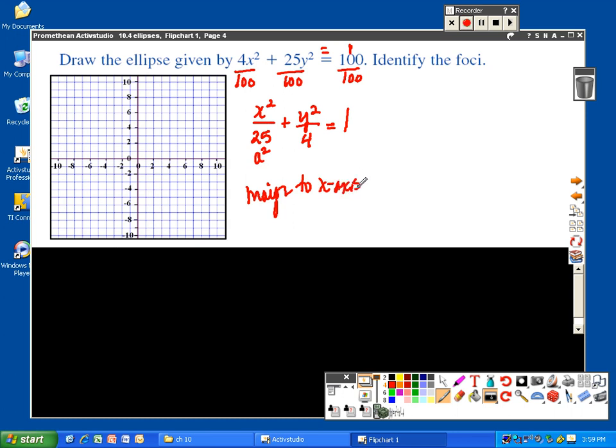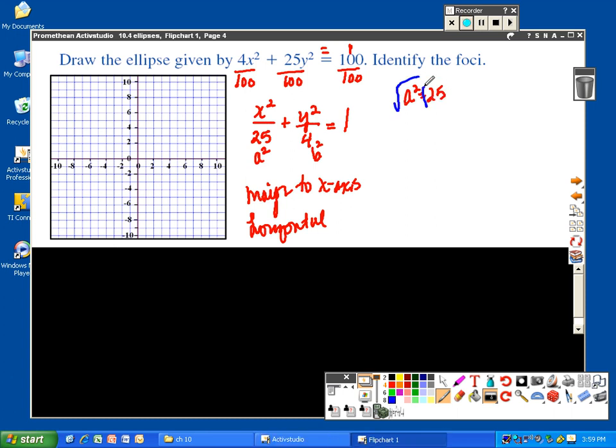It is horizontal, when it is elongated. So this 4 would be b squared.